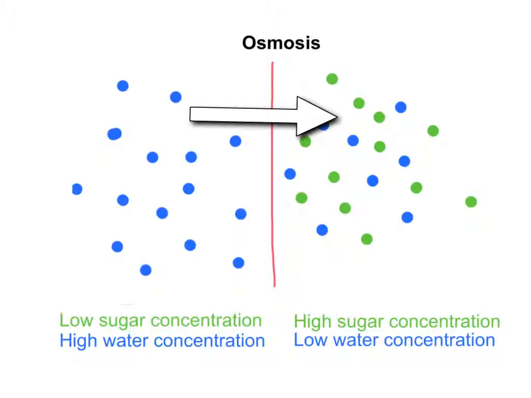So if you have a high and a low concentration of water, the substance, the sugar in this case, will want to move from the high concentration to the low concentration. It wants to even itself out. So the goal is for it to be in equilibrium. So the sugar concentration will move from left to right, from a high concentration to a low concentration, until it equals out in an equilibrium.